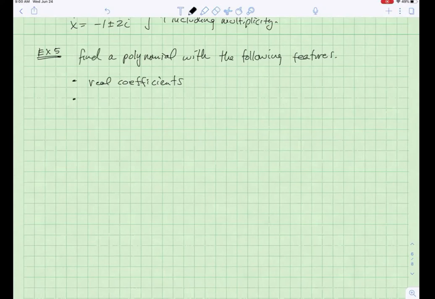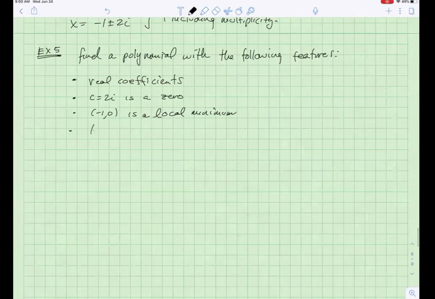Find a polynomial with the following features. Has real coefficients. c equals 2i is a zero. Negative 1, 0 is a local minimum.